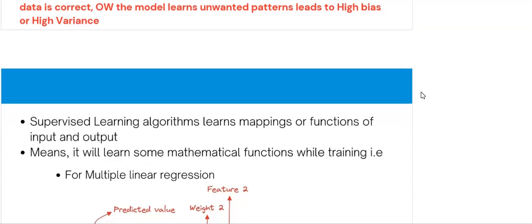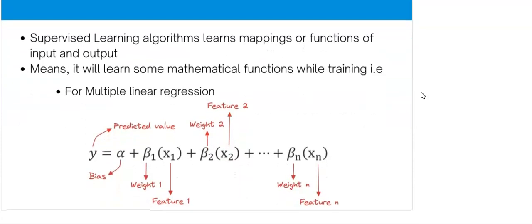And also supervised machine learning algorithms map some kind of mathematical function between input and output. That means it will learn some kind of mathematical function in the training phase. You have seen this for the example of predicting the area of a rectangle.